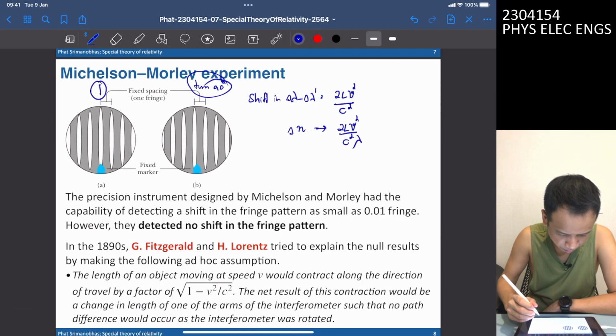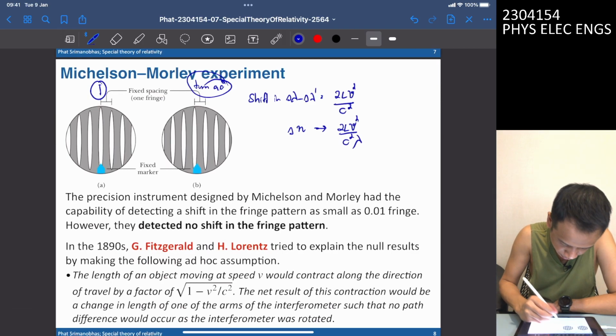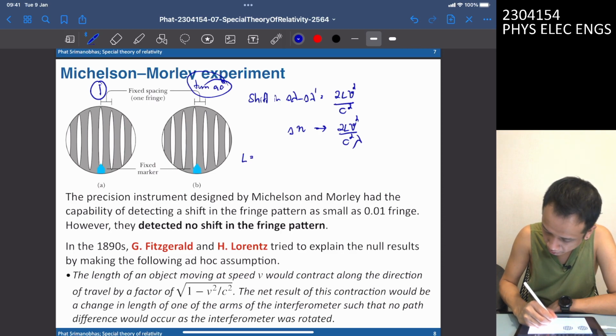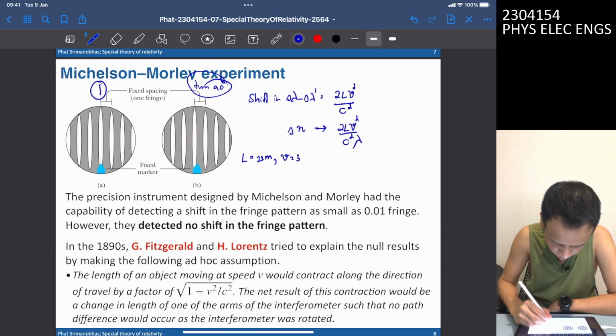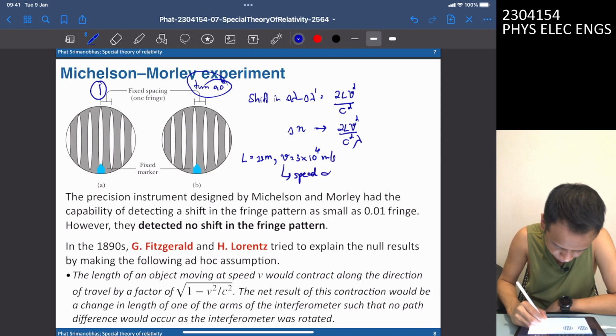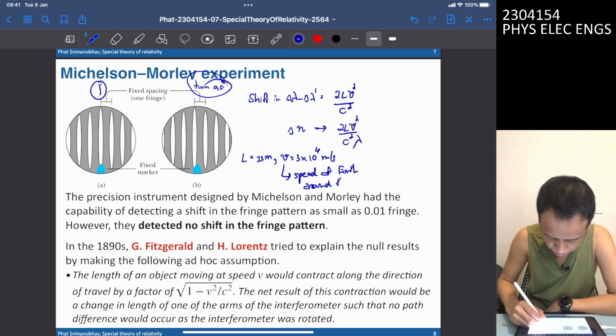In the Michelson-Morley setup, they use L equal to 11 meters. V, which is basically the speed of Earth around the sun, equals 3 times 10 to the 4 meters per second.